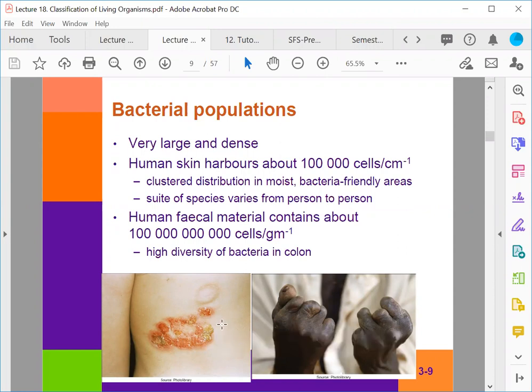That bacteria actually produces toxins that kill cells. And here we have one mycobacterium that causes the disease called leprosy. It actually attacks the peripheral nerves and causes these very disfiguring lesions here.